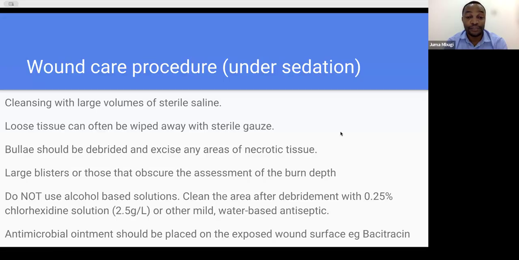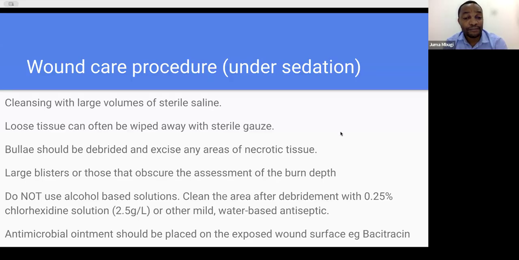Large blisters that may be overlying the major joints, limiting movement or bringing discomfort to the patient, or obscuring the assessment of burn depth, can also be removed. But do not remove small blisters, because these act as a natural dressing and they prevent bacterial invasion.